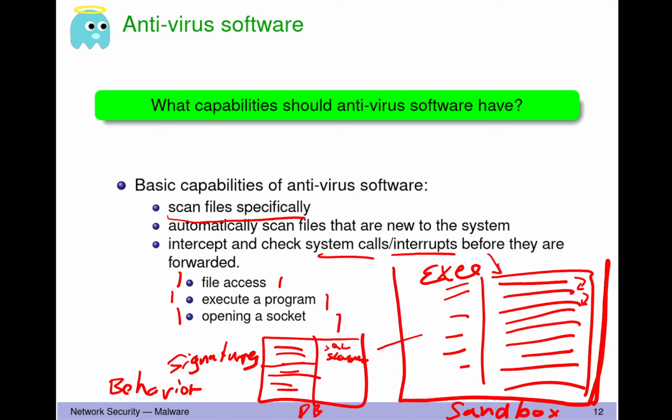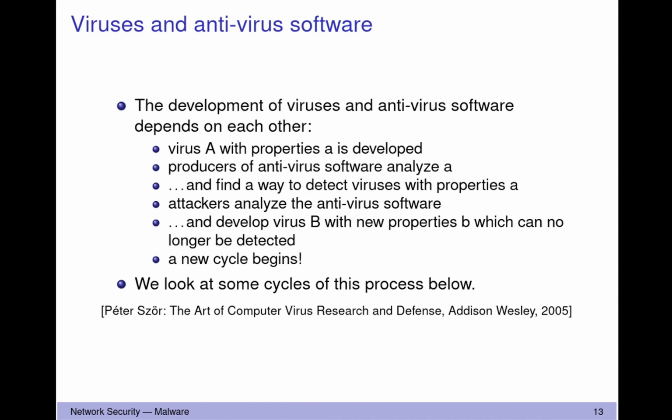Okay, and basically it's a kind of cat and mouse game. The development of viruses and of antivirus software depend on each other. First, there's innovation in the virus department. They come up with new properties, new options, new activities. Then the antivirus software producers get copies of these viruses because people are reporting to them that it's behaving strangely.